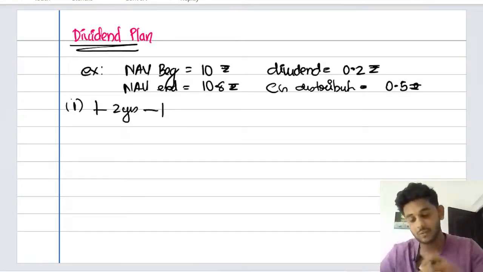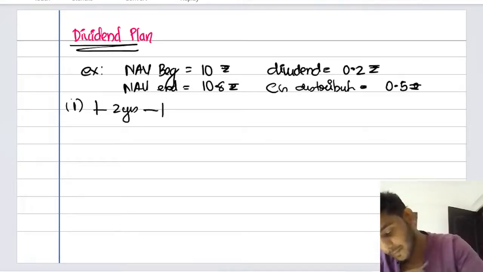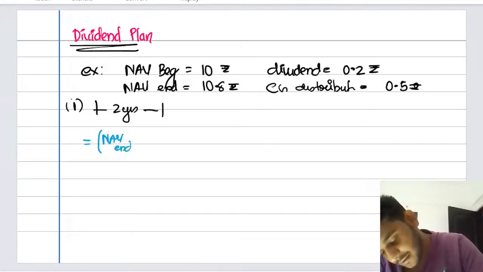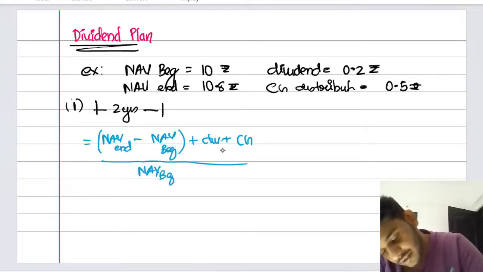Now if the time period is 2 years, how will we calculate this? So what was the formula under the dividend plan? The formula was this: NAV at the end minus NAV at the beginning, plus dividend, plus capital gain, all divided by NAV at the beginning, into 100.